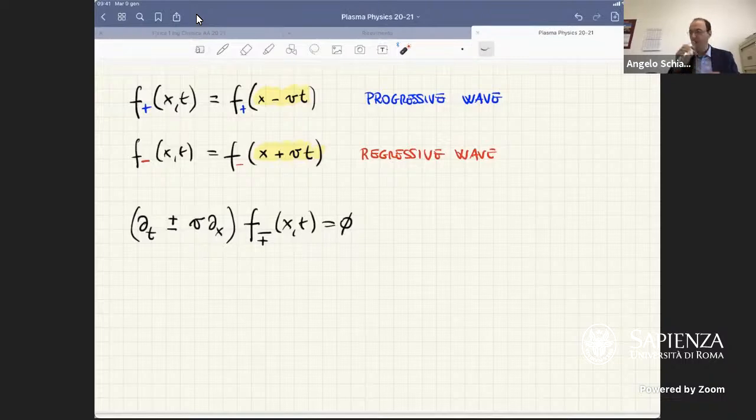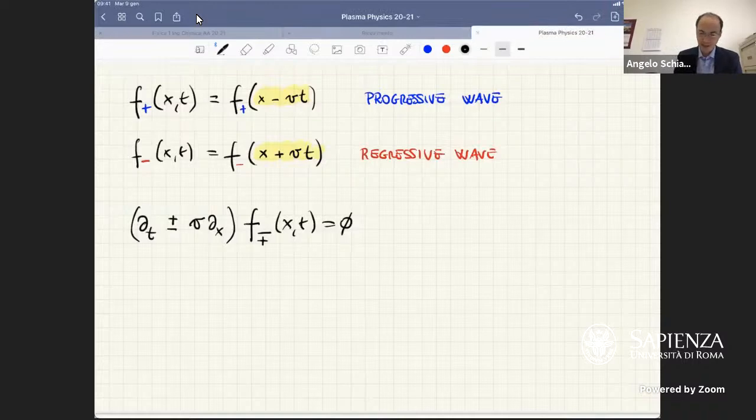So we can construct a general solution to the wave operator as the superposition of individual solutions of the regressive part and of the progressive part.